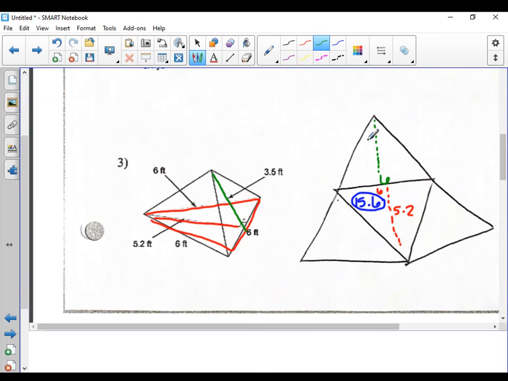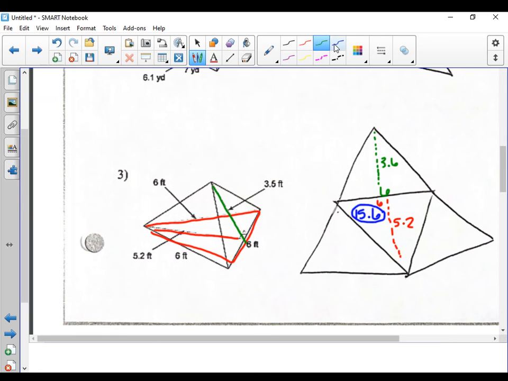So if it says 3.5 and I put 3.6, if it doesn't say 3.6, you just need to change it to what it says because I just have the copy of it. So 6 times 3.6 divided by 2.